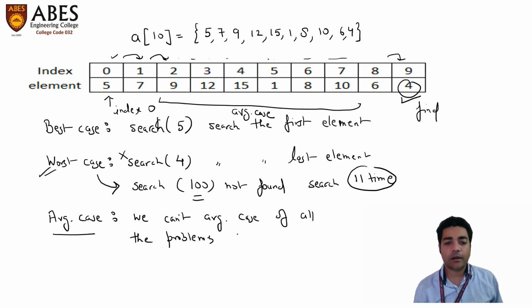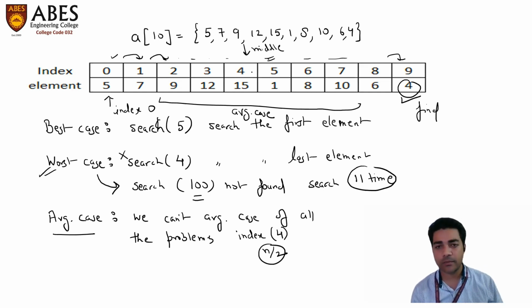We may say that if there are 10 elements, and if we found anything at index 4, or at n by 2 index, meaning just at the middle, that is considered to be an average case. We may say it like this.